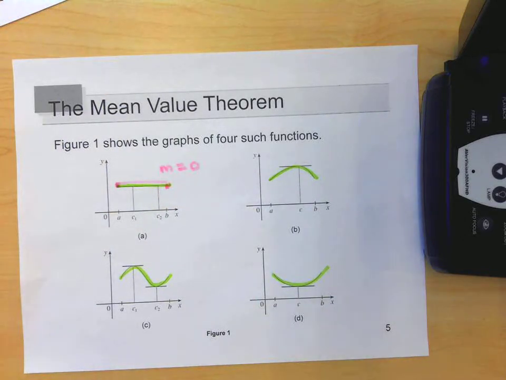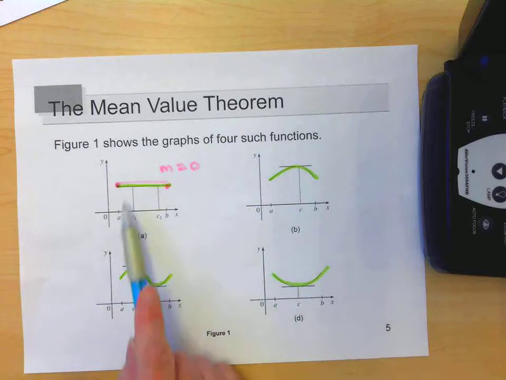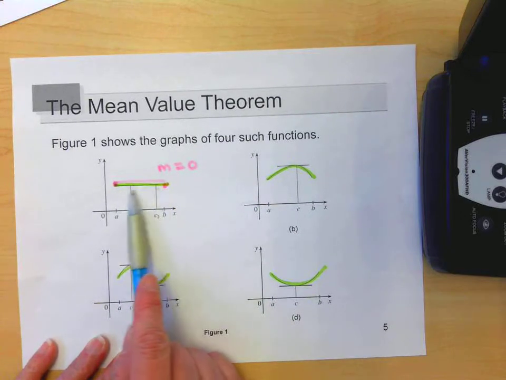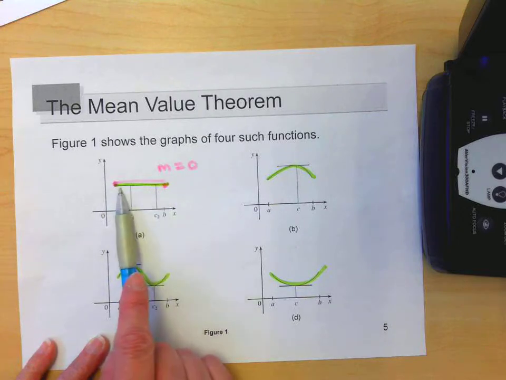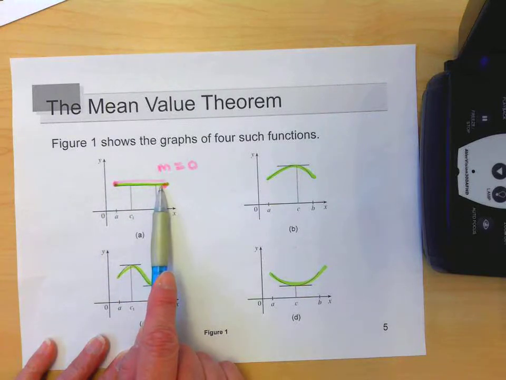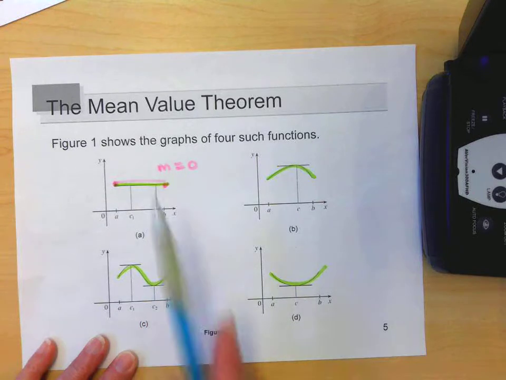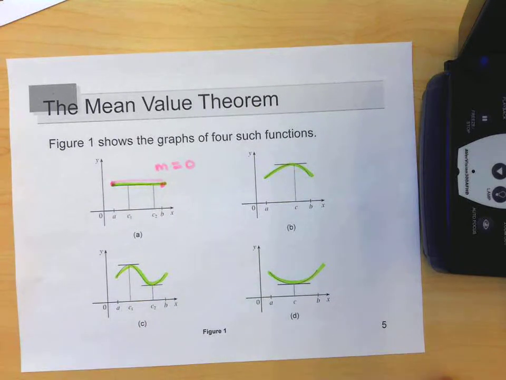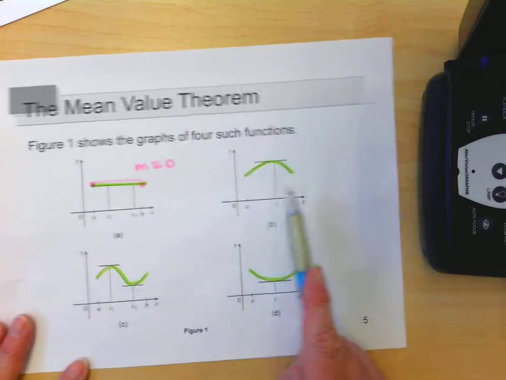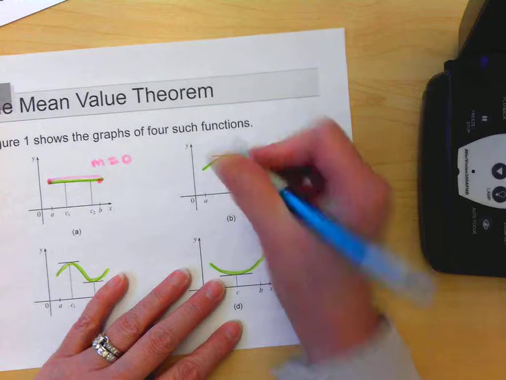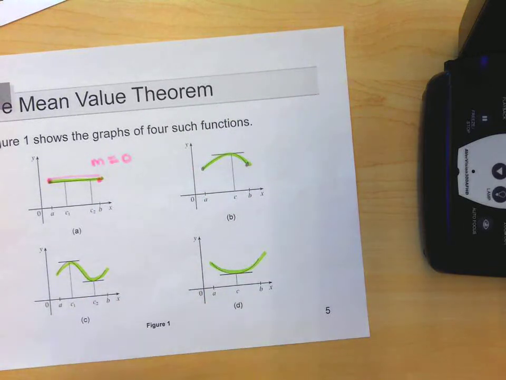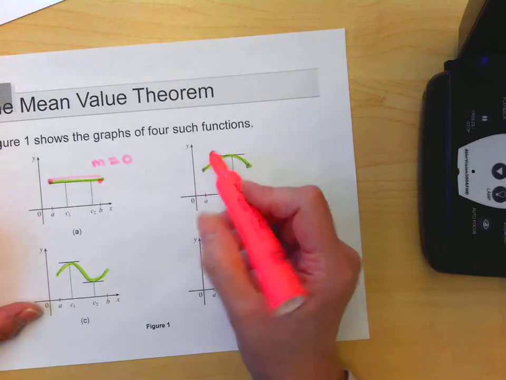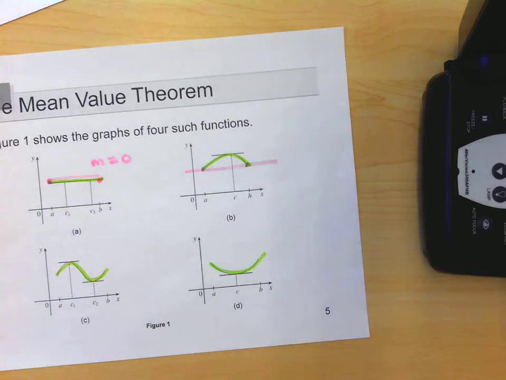And since it's a constant function, it ends up being every c, every value from a to b. The derivative is 0. So the mean value theorem is satisfied with every c. Let's look at this next example, example B. If I were to pick the two endpoints a and b and find the line that connects them, I'll start by drawing that line.